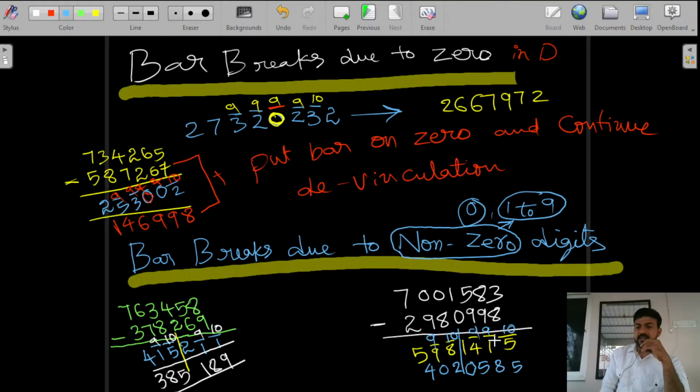So this is the method. Without the borrowing concept, you can do any subtraction easily. If you have any doubt, you can check your answers like this, or using the digital root. Fine. Now there are many concepts based on this devinculation and vinculation.